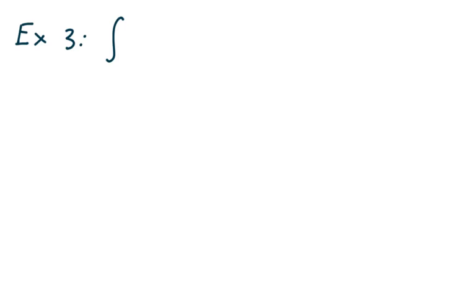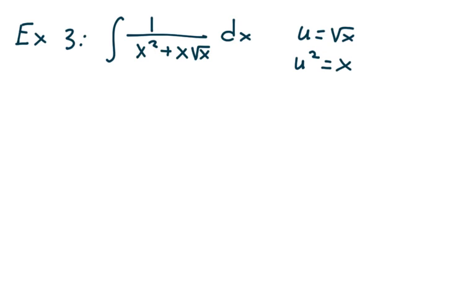Suppose we have the integral of 1 over x squared plus x root x dx. So I'm going to let u be the square root of x. u squared is x, right? I want to get rid of that radical. And then 2u du is the same as dx.